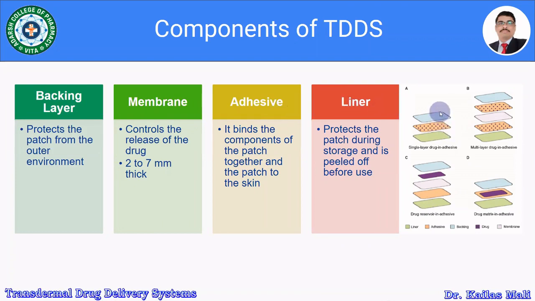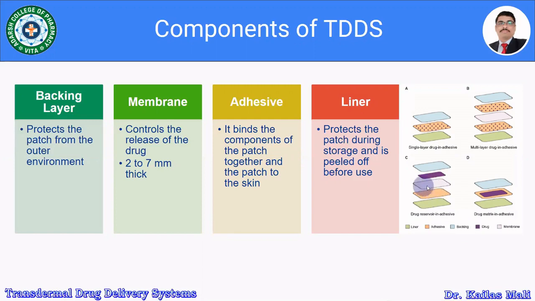Just look at the figure so that you will understand the various layers present in the transdermal drug delivery system. Here it's a liner. Before placing the patch, we are supposed to remove this liner. The second one is the adhesive layer.